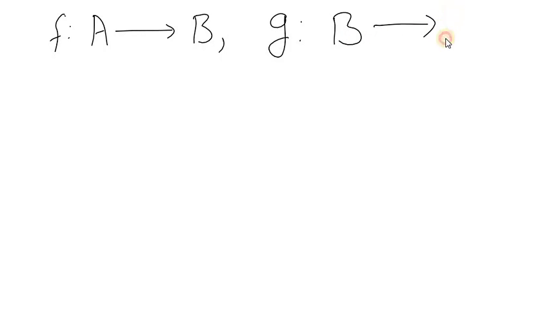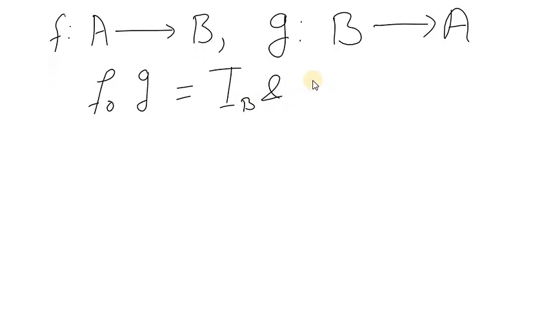So you see a function f. If you have a function f from A to B, and g is a function from B to A, we say f is invertible if f of g is I_B and g of f is I_A.